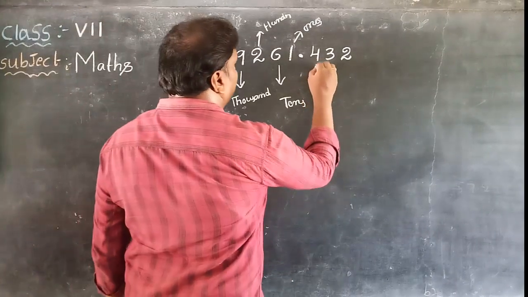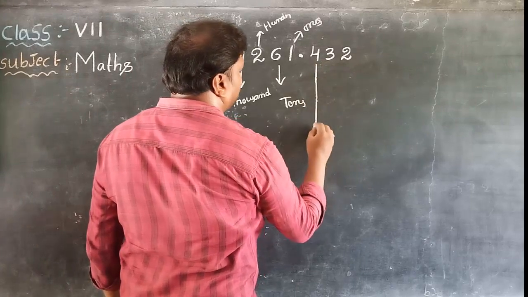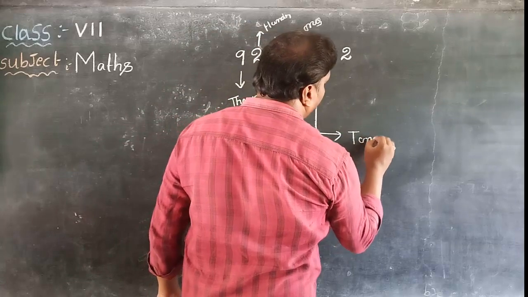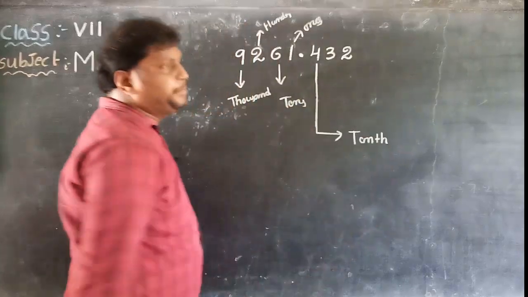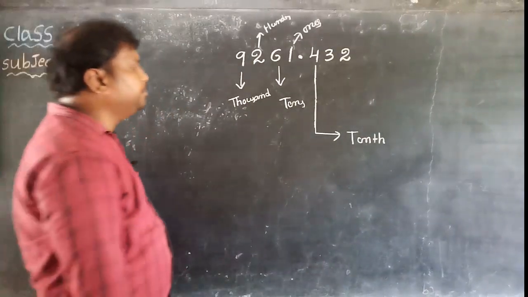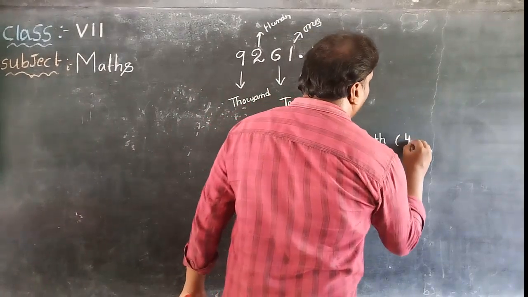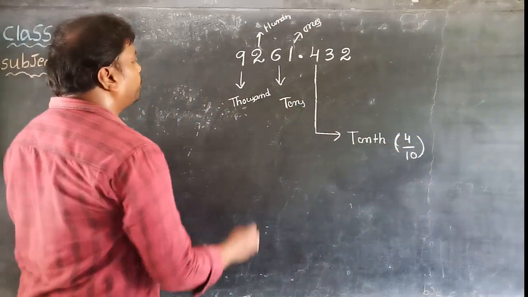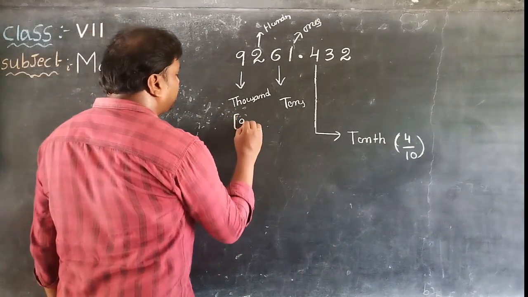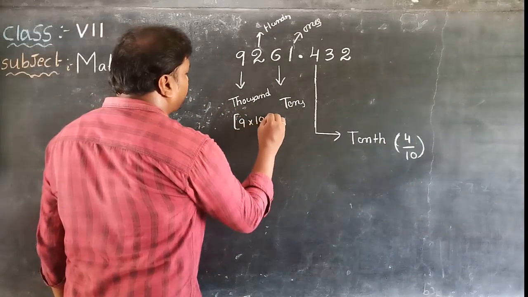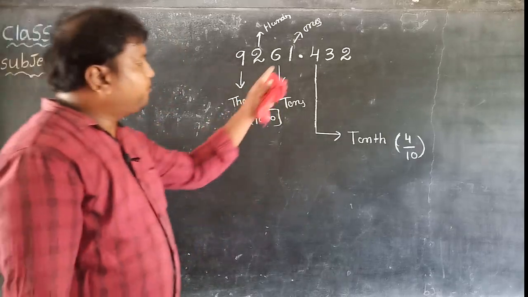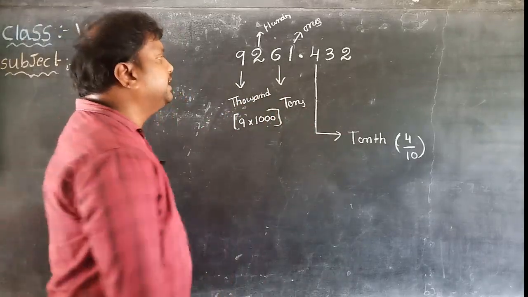This one, 4 is in the 10th place. 10th place is nothing but 4 by 10. Here 9 into 1000, like here 4 in the 10th place, 4 by 10.